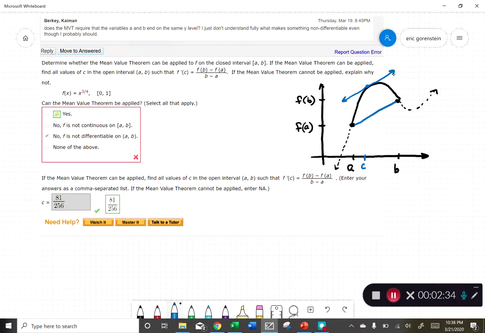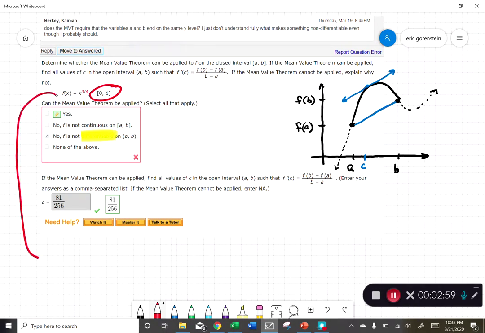So what this word, differentiable, means is the derivative has to exist, or cannot be undefined. In this case, in the interval 0 to 1. So first of all, the question is, what is the derivative?